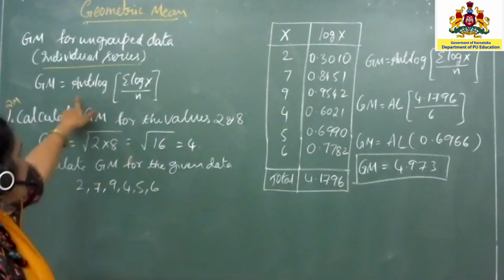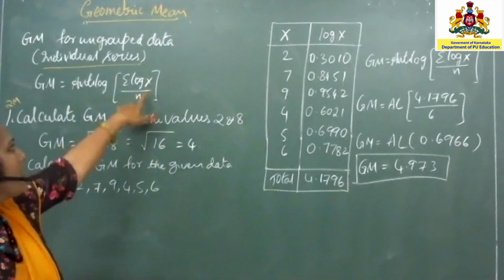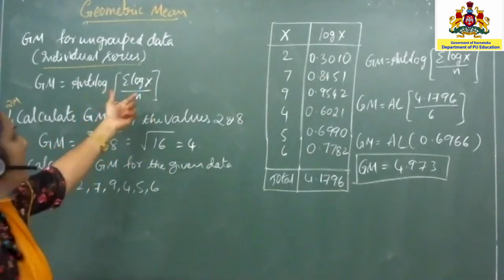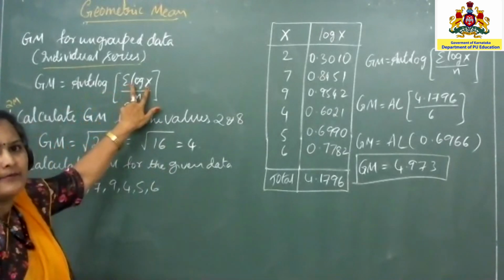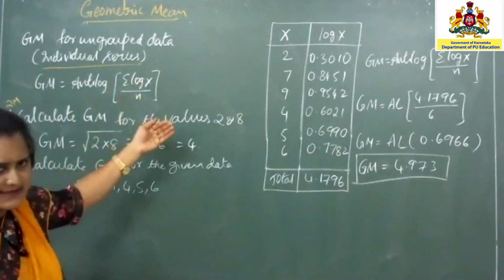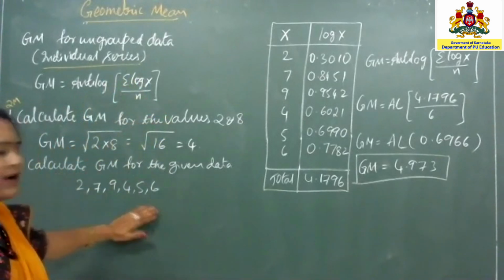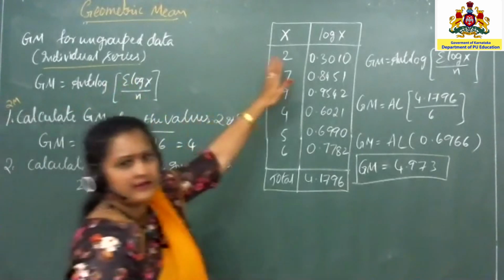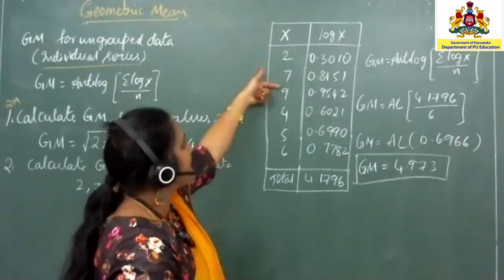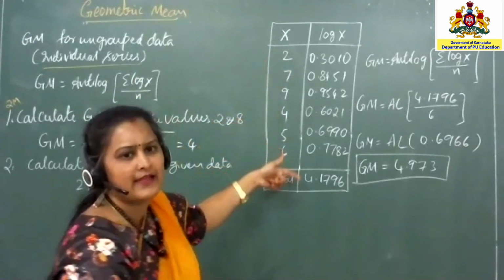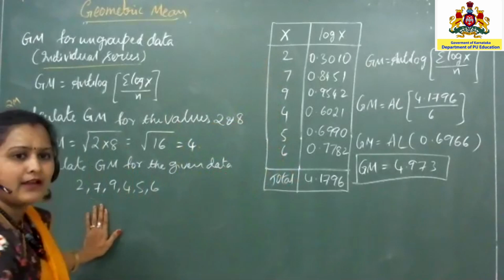The formula is anti-log of summation log x by n. In the formula you have log x, so you need to find log x first. The x values are 2, 7, 9, 4, 5, 6 from the given data.